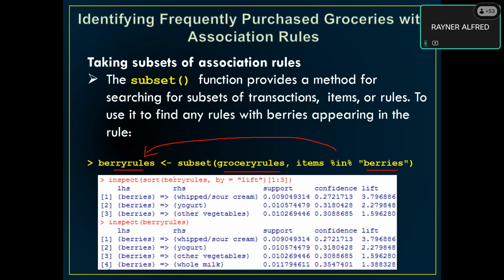Once we get that, we can inspect the rules. Based on the lift order, we know this is some of the rules that we can extract based on the berry. That's how we focus on a certain item that we want.